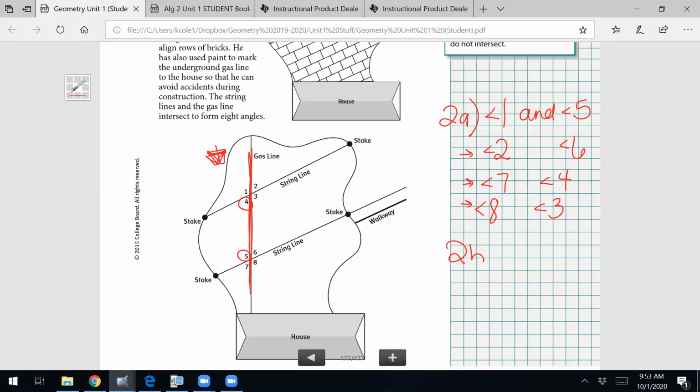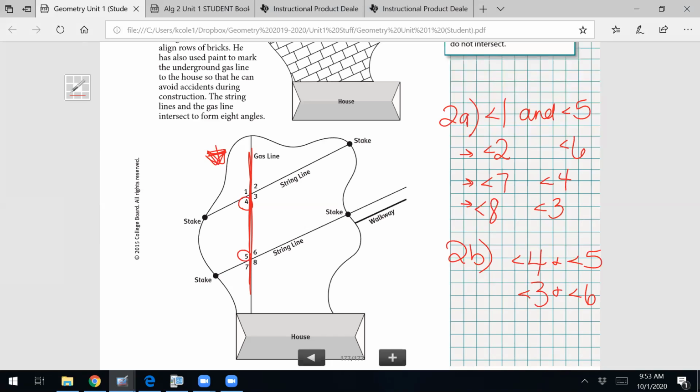So angle 4 and angle 5. And also who? Angle 3 and angle 6. Those are the ones on the other side. Same side interior means they're on the same side of the transversal inside the parallel lines.